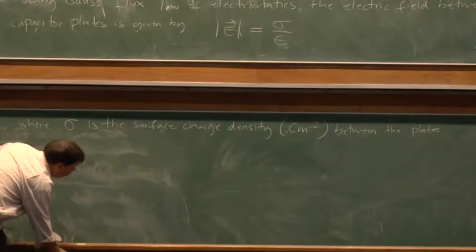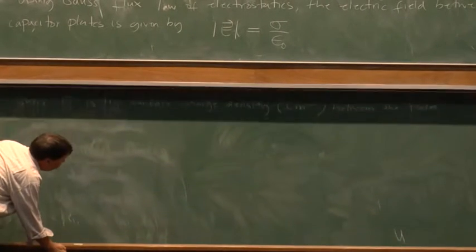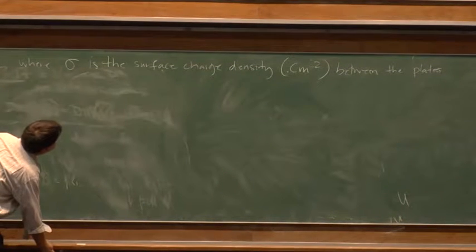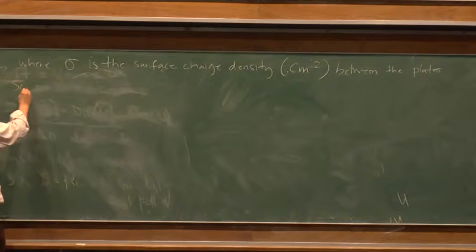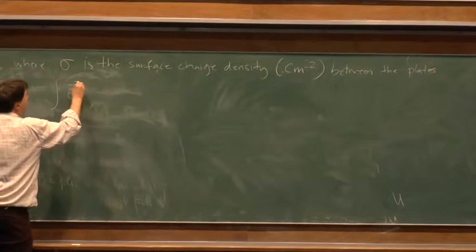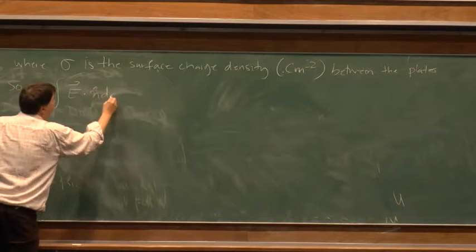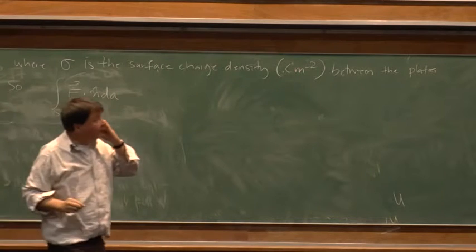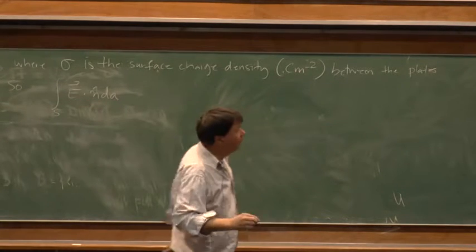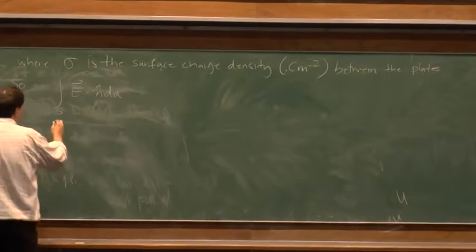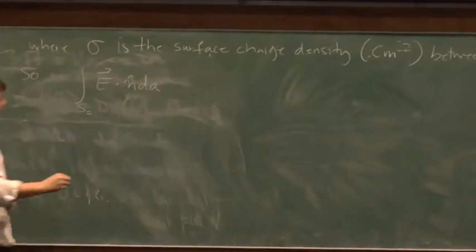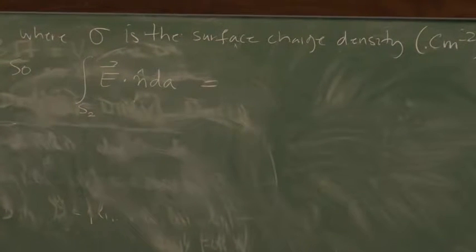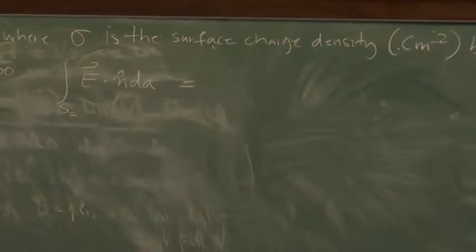Now the integral of E dot n dA over this surface, let's take it first of all through S2, or it could be S1 prime. This is why it's set up as a particularly simple problem.